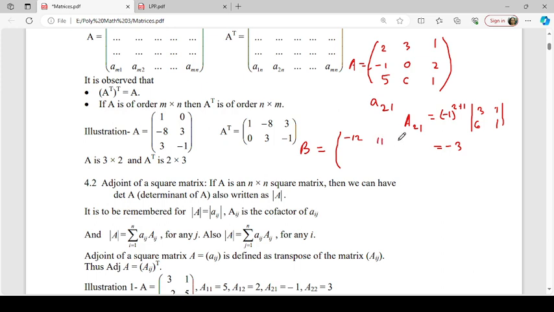And the cofactor of A13 is minus 6. Then the cofactor of A21 is minus 3. The cofactor of A22 is 2 minus 5, it is minus 3. The cofactor of A23 is 12 minus 15, it will be minus 3, so it is plus 3.